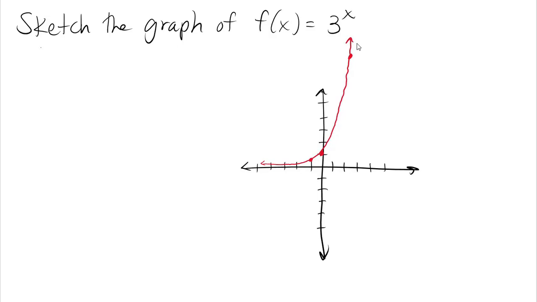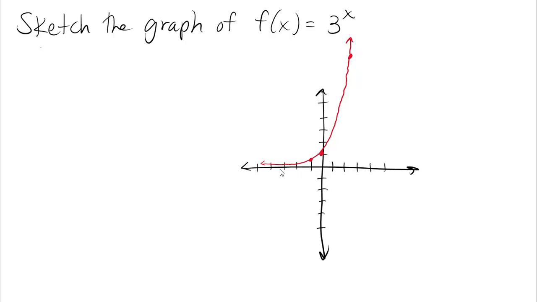Let me give a quick explanation for why that would happen. As we plug in bigger and bigger positive numbers, we're raising 3 to bigger and bigger powers, and so those outputs are going to grow quickly. You may have heard of exponential growth before, that we usually use that phrase to indicate something that grows very quickly. That's exactly what this function is doing. As the inputs get larger and larger and larger, the function is growing faster and faster and faster.